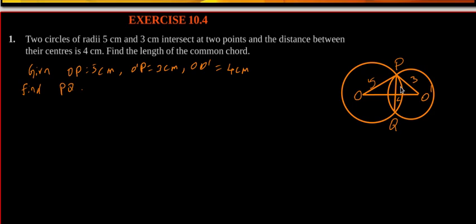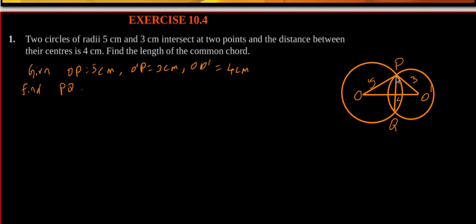In these two circles we get two triangles if we join OP and O dash P, the common chord, and the line joining the centers of both circles. OP is the radius of the first circle and O dash P is the radius of the second circle.